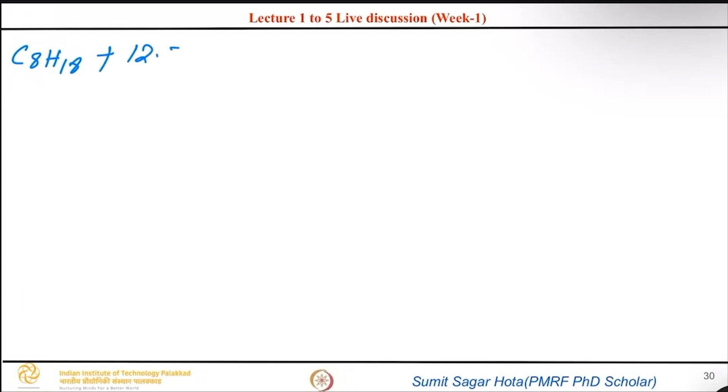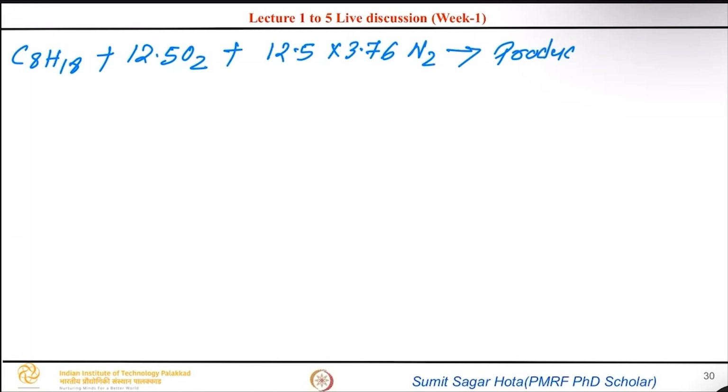Now, we just write down our governing equation for the iso-octane and air combustion. These values are not predefined. This you should calculate and directly write down, because I already showed you how it should be calculated.